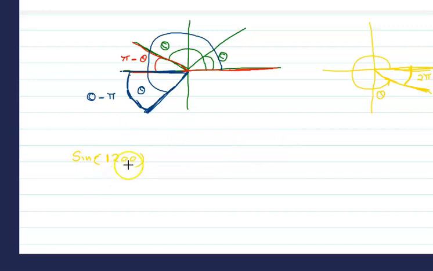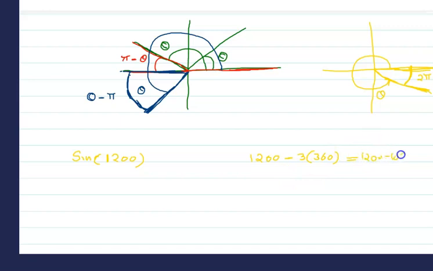First we need to find the coterminal angle for 1200, and if you don't know about coterminal angles, you can look at my video on coterminal angles. To find the coterminal angle, we just subtract a multiple of 360 from the given angle. This 1200 is close to 1000, so it's going to be the third multiple of 360.